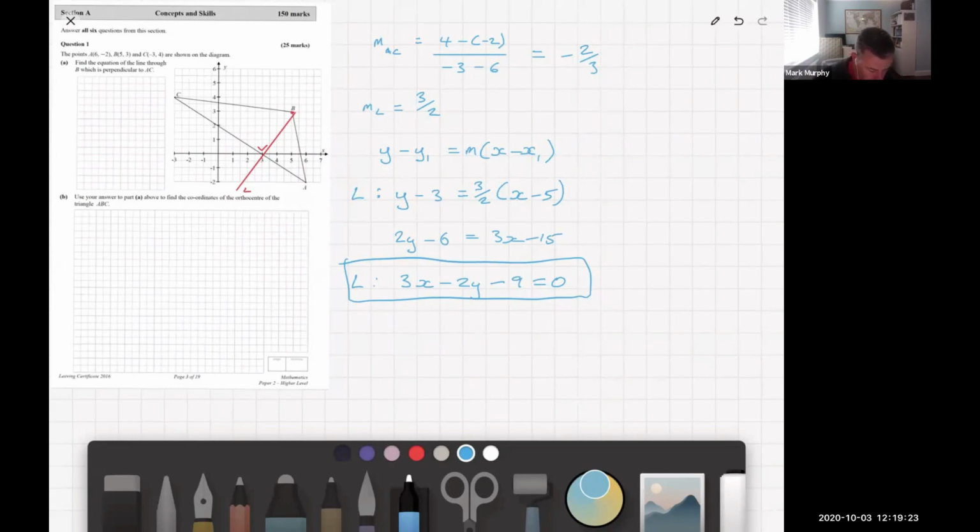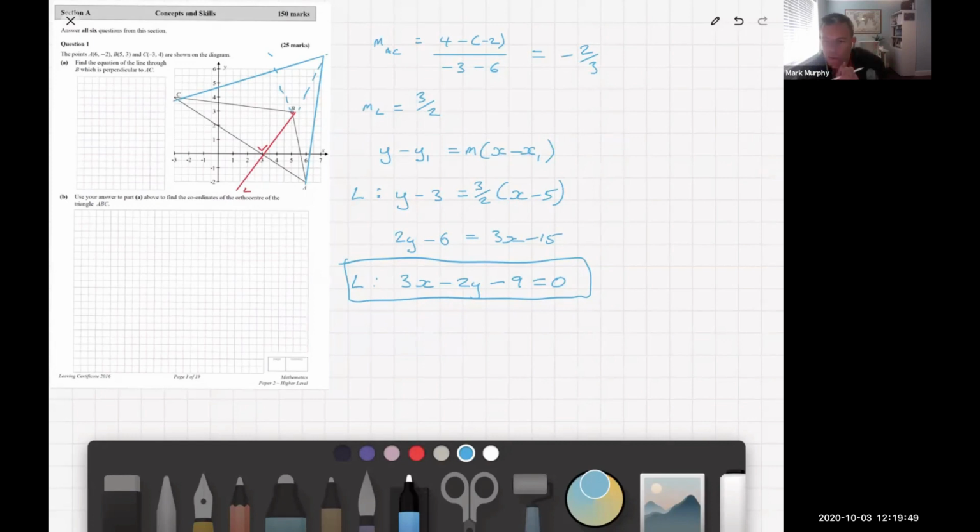I think if you continue this line up here. It's a long time since I did this question, so I apologize for that. I think the orthocenter then is a line like that. I'll draw it first and then I'll try and explain it afterwards. So we continue that line up there. Let me see what it is now.